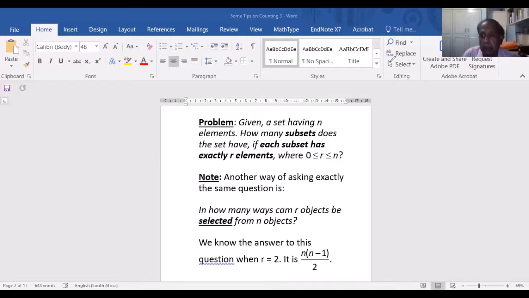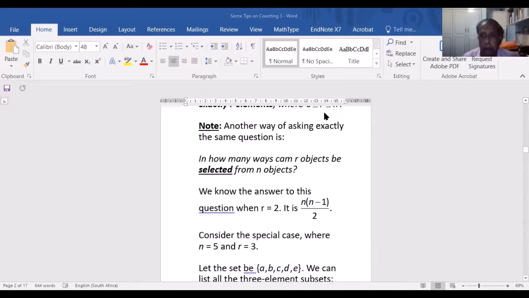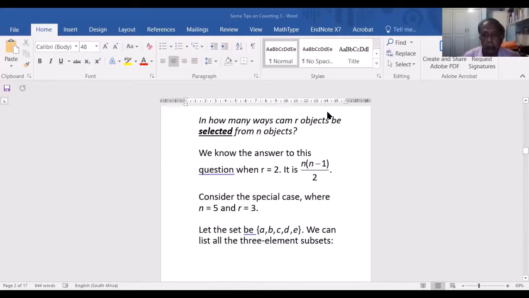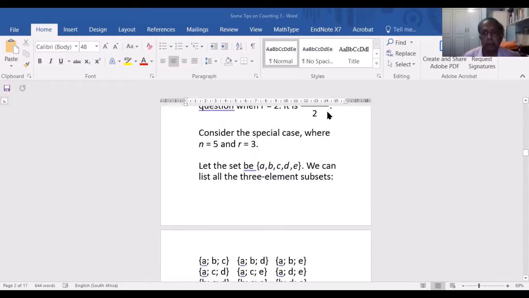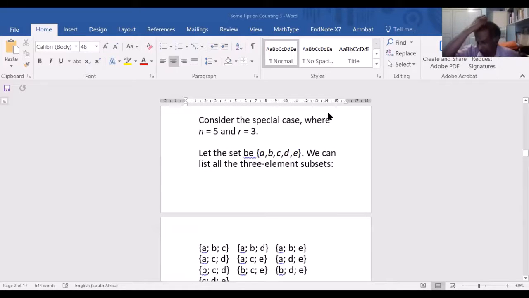Instead of saying that we want to select 2 objects, we are saying now that we want to select a number which is different from 2, it could be 3 or 4, whatever it is. So in how many ways can you select, say, 3 objects from n objects, or 10 objects from 50 objects, whatever. So let's take a particular case and analyze how it works here.